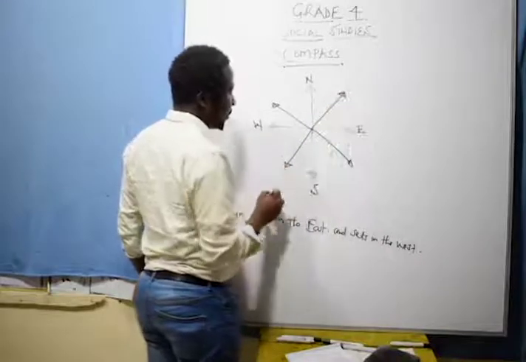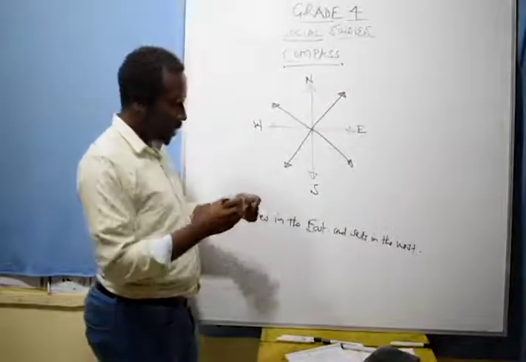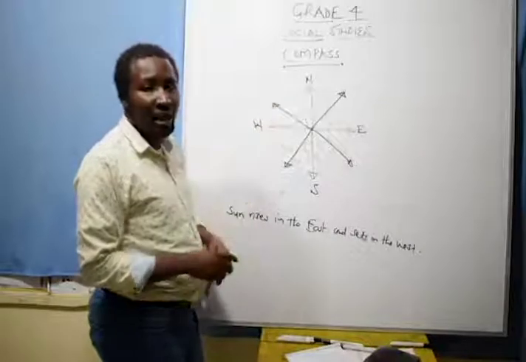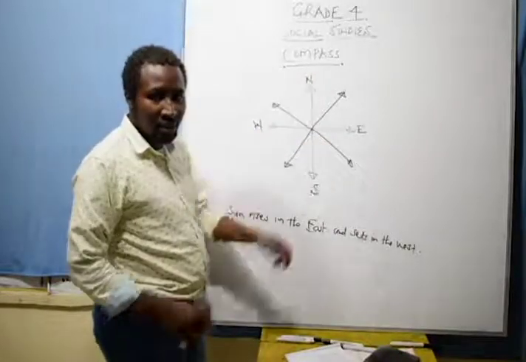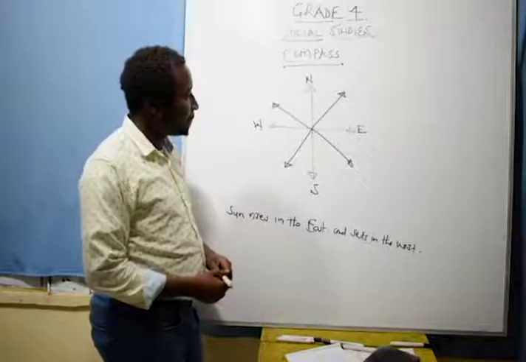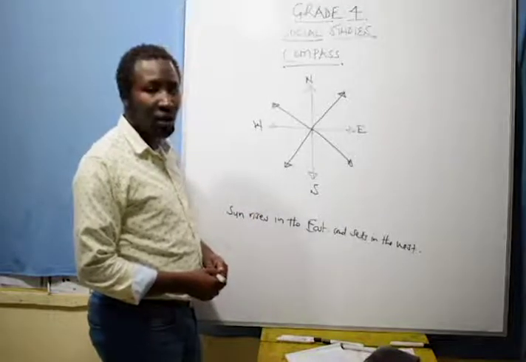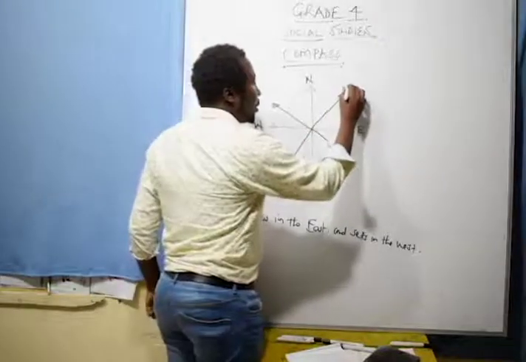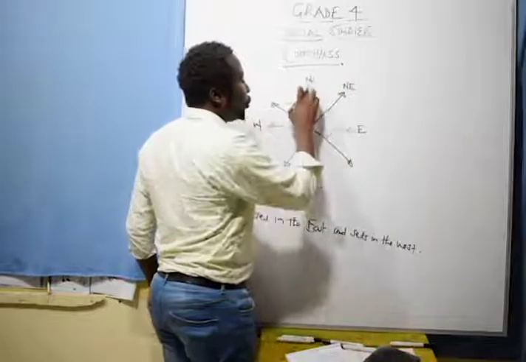Now, I want you to help me as we name together the other points of our compass. We have the direction between north and east. What direction is that? We have the direction known as northeast.